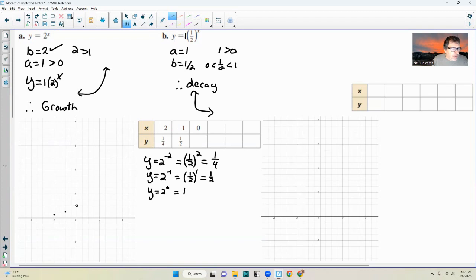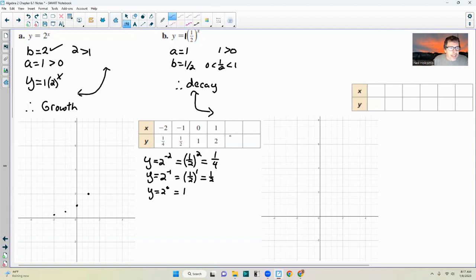It's going to go through the point 0, 1. This is going to be the y-intercept. And then 1 comma b. So in this case, our b is 2. So we're going to go over 1. It's going to be 2. 1 comma b, remember? So if you remember the rules, it also gets easier. Okay, so if I plug in a 1, I should get b, which is 2. And there it is.